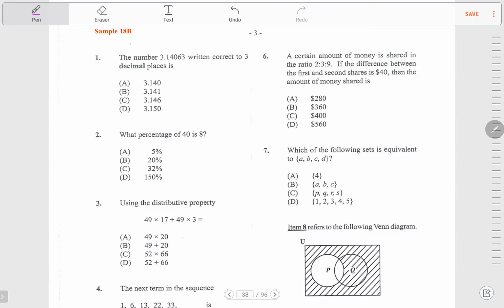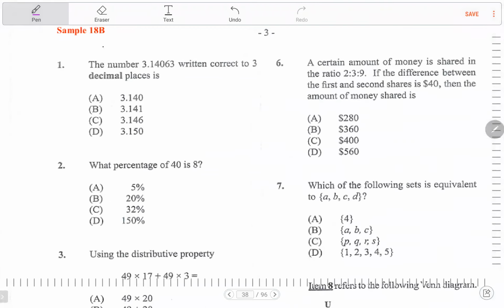All right. Okay, so question one here. This number corrected to 3 decimal places. So decimal places, not significant figures. If I count the number of places after the decimal point, 1, 2, 3. To correct this value, we use the number that comes after, which is a 6.